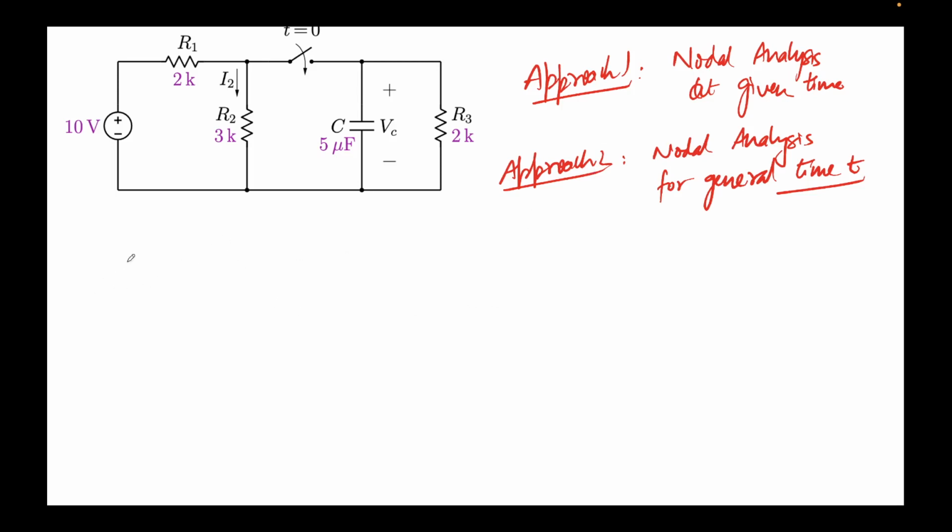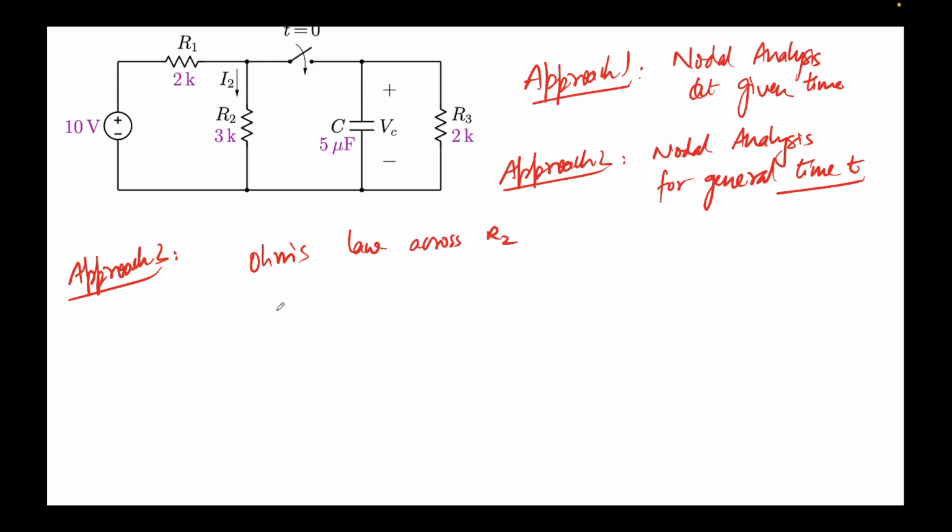Let's do approach 2 itself. So I'm using approach 2. We are requested to find I2, right? I2 can be simply written using Ohm's law across R2.